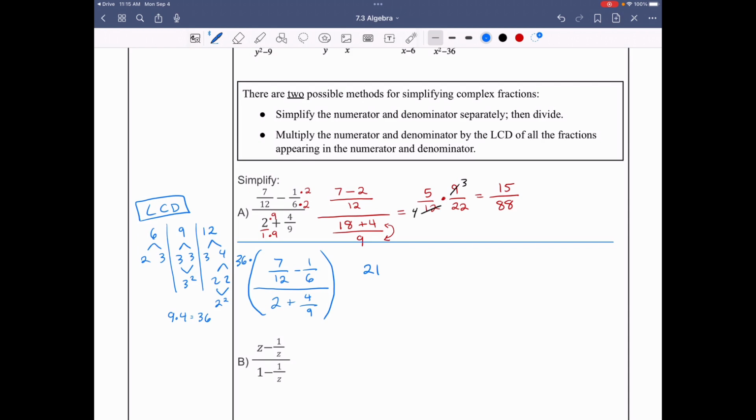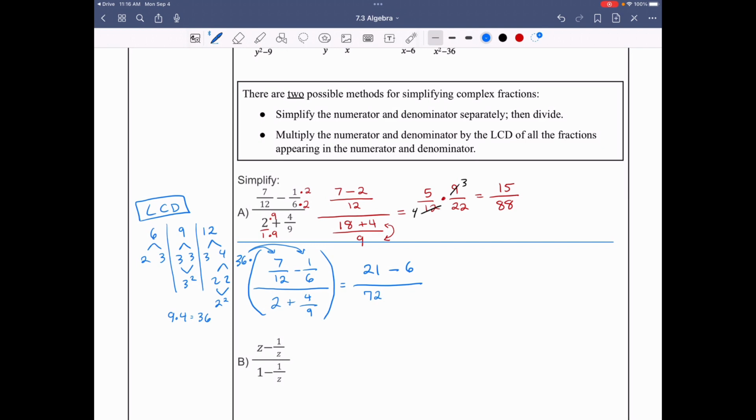Then I can cross cancel the 36 and the 6 in the 1/6. 6 goes into 36 6 times. 6 times 1 is 6. Okay, so that's what these fractions multiplied by 36 become. 21 minus 6 divided by 36 times 2 is 72. 36 times 4/9.